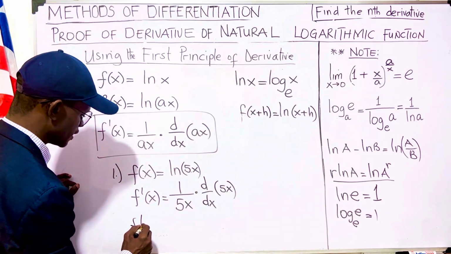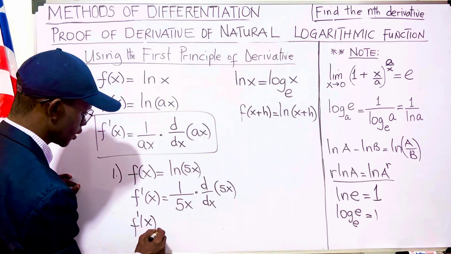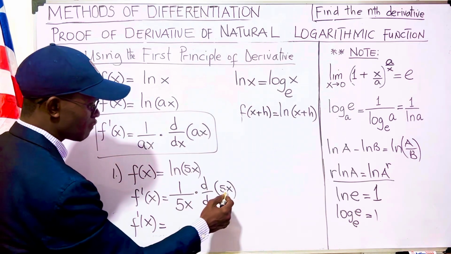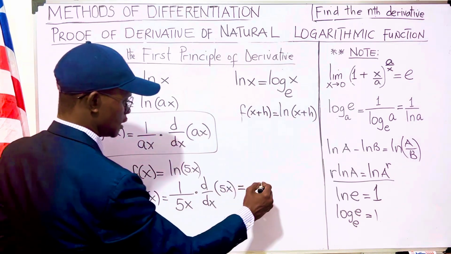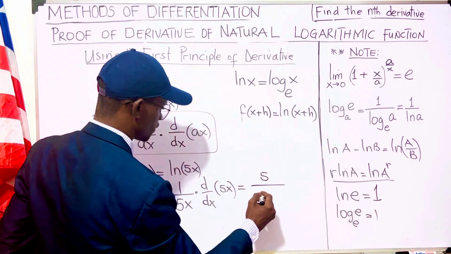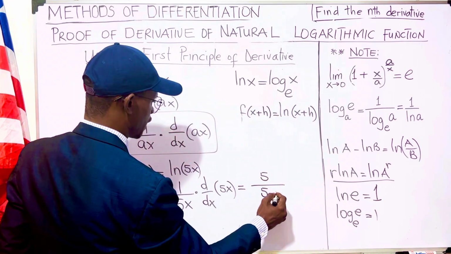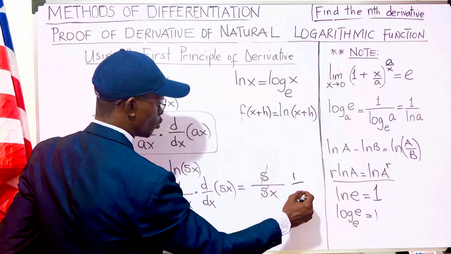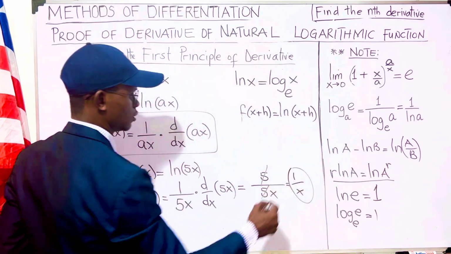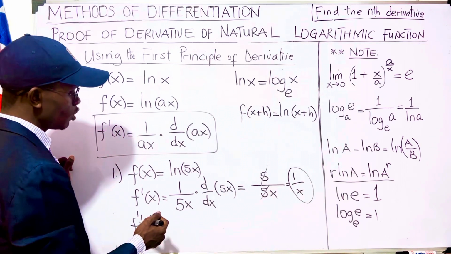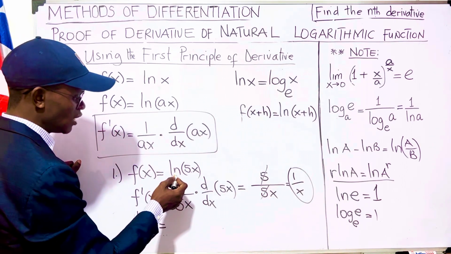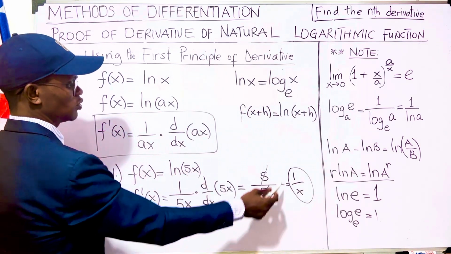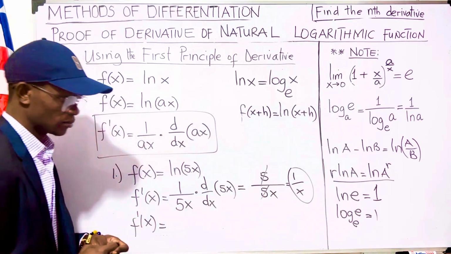So f prime of x now will just give us the derivative of 5x, which is 5. So it's 5 all over 5x. When the 5s cancel, we just have 1 over x. So the derivative of ln of 5x is just equal to 1 over x.